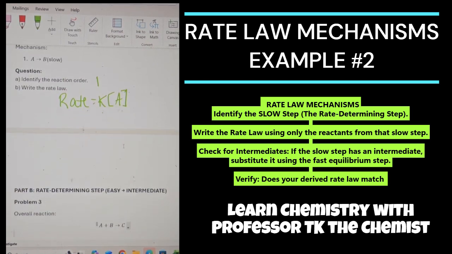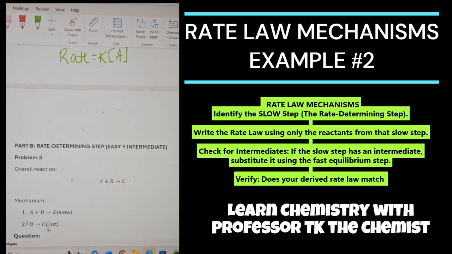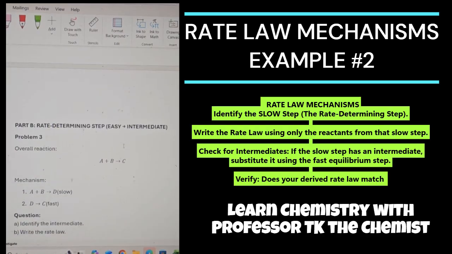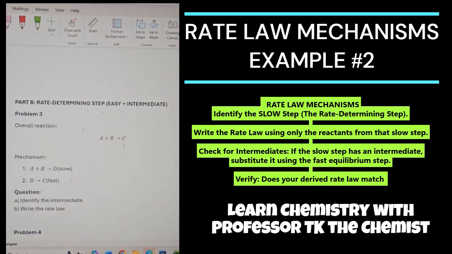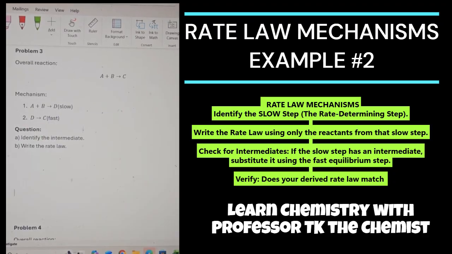Problem number 3 is going from easy to intermediate. Okay, but y'all can handle this, right? Again, look at the difference here. You've got A plus B going into C. That's what the overall reaction should be, right?